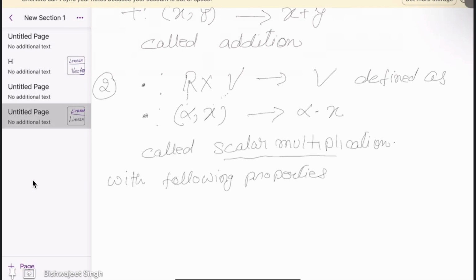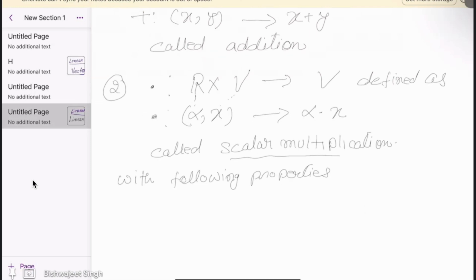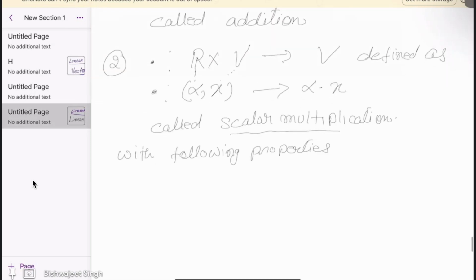While studying groups or rings, whenever we define a map or a function on any set, we always seek out some properties. We always check whether it is satisfying some properties or not. Based on that, if it satisfies these properties, we call it a semigroup.